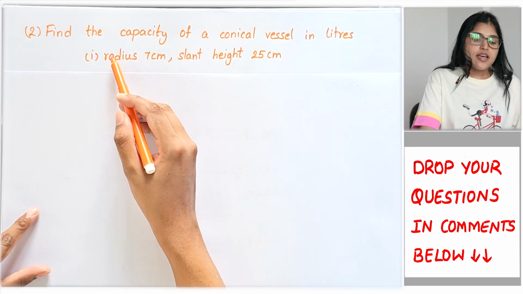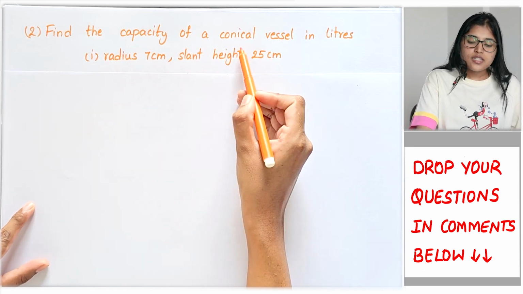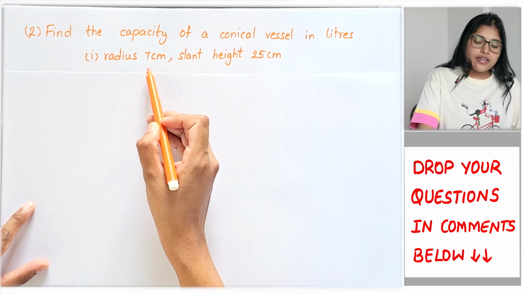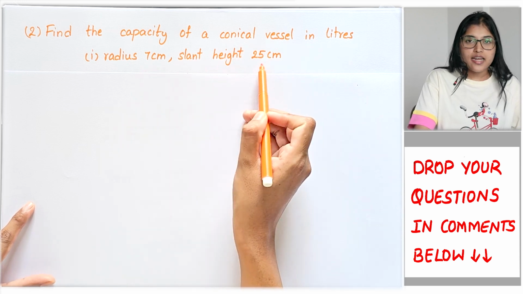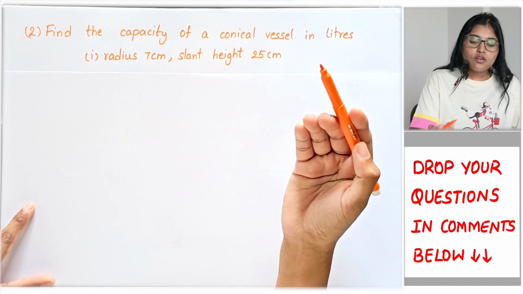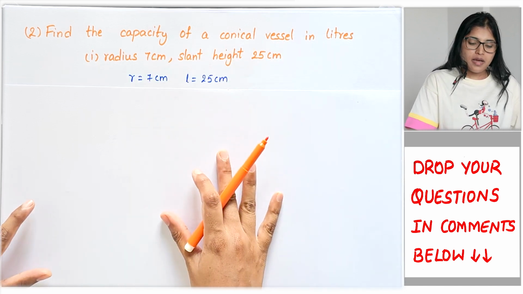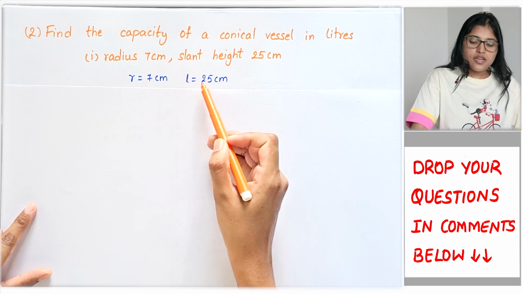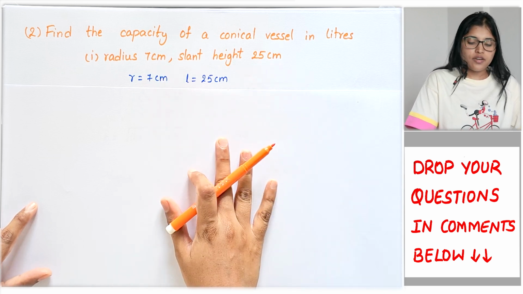Next question says, find the capacity of a conical vessel in liters where radius is 7 centimeters and slant height is 25 centimeters. Here we have to find the volume of the conical vessel in order to find its capacity. We are given r as 7 and l, which is the slant height, as 25 centimeters.